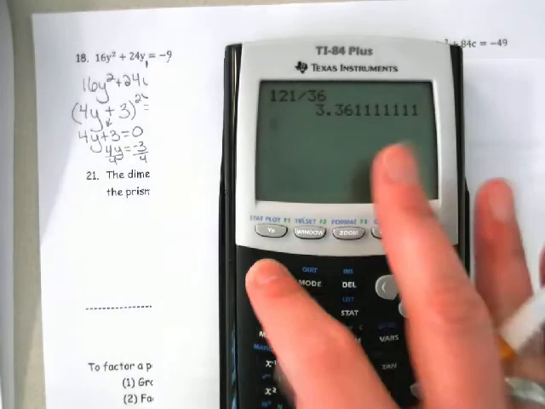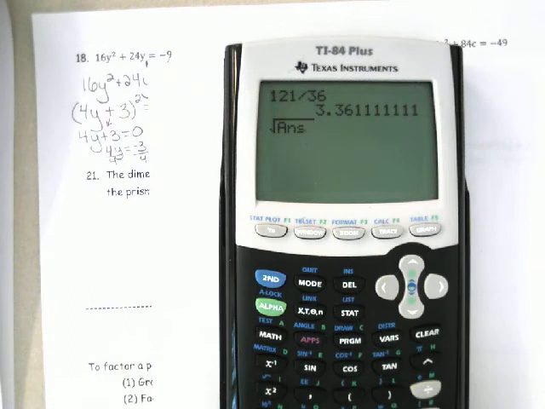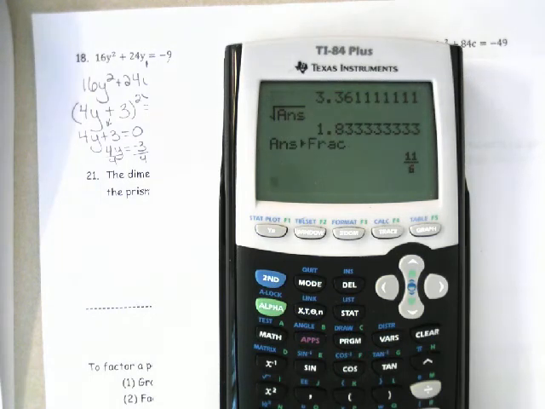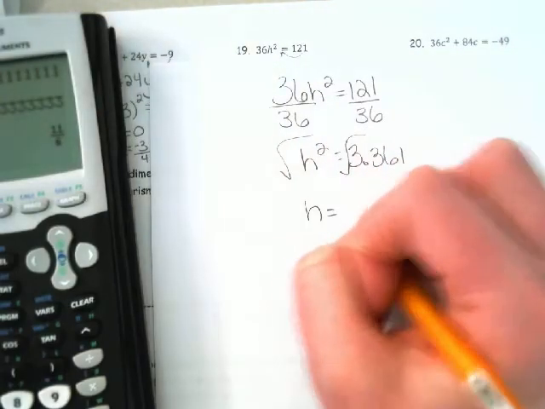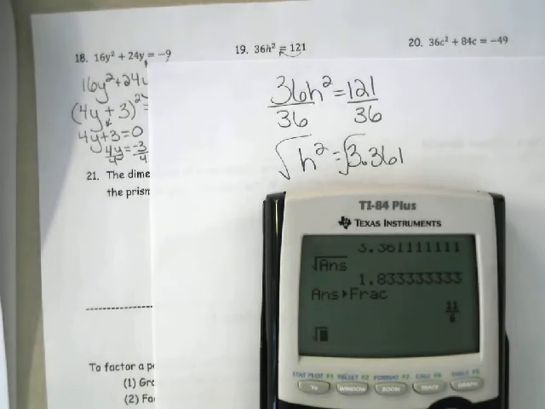So if you try to round this, if you write down 3.361 or something, you could get some potential error. So I'm going to try to take the square root without any rounding. So I'm going to go second square root, and then I'm going to use the answer feature. Now this is not going to give me any rounding. And if I wanted, I could kick it back to a fraction as well.